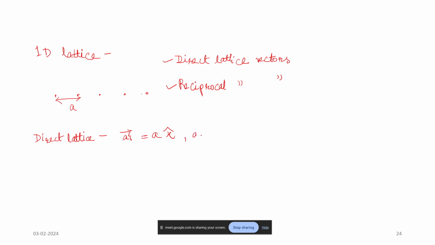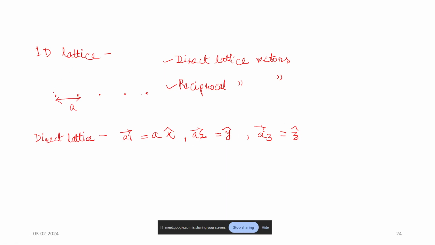Then a2 is y cap, there is no distance, we are only defining the direction. And a3 is z cap.